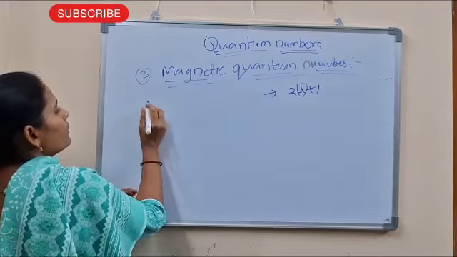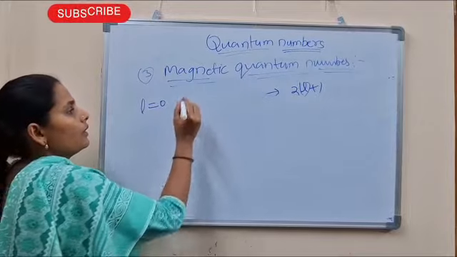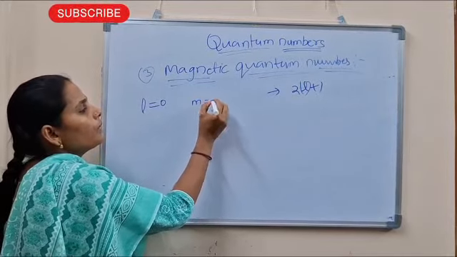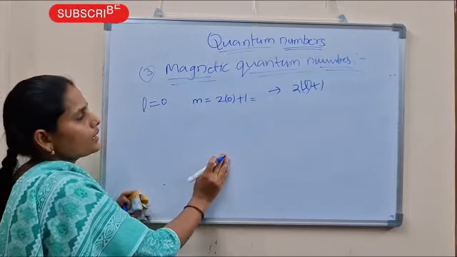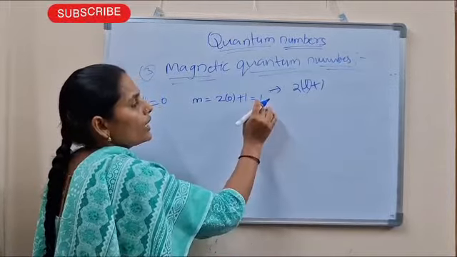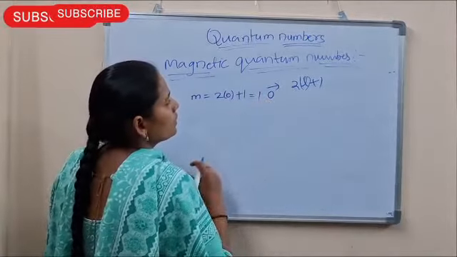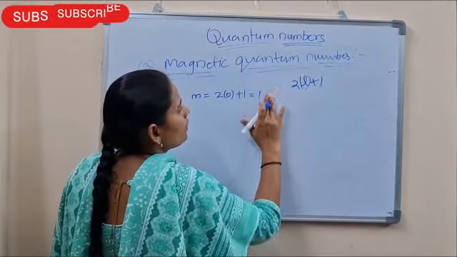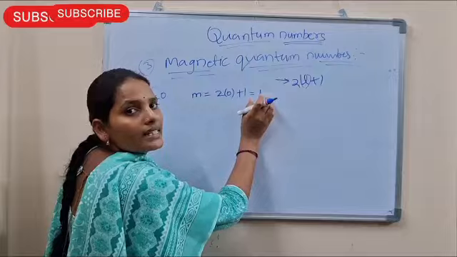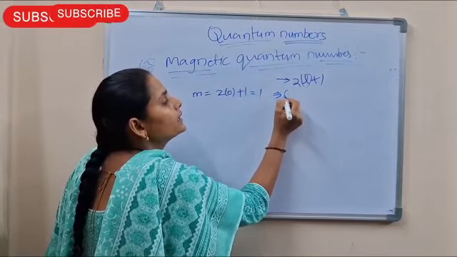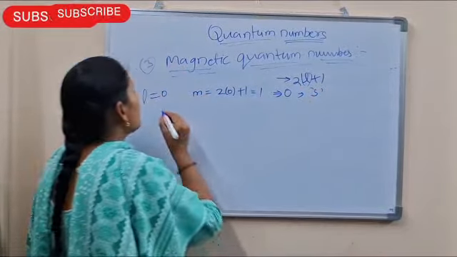For l equal to 0, m equals 2 into 0 plus 1, that equals 1. This 1 is nothing but the 0, and that is the s subshell.